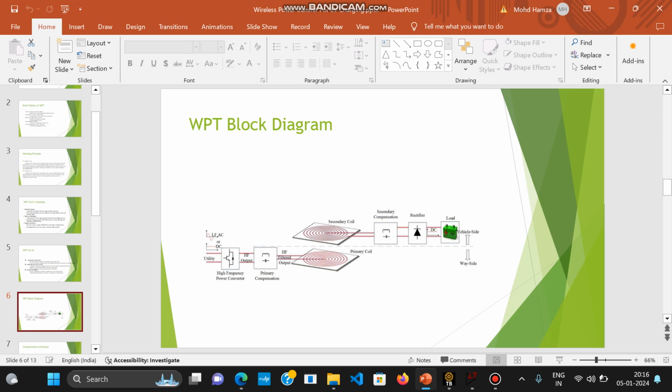Then again, here the current will be in the form of AC. You have to convert it again to DC, because if you feed the car with AC current, there is a high chance that there will be a delay in the charging. Nobody wants to waste their time charging their vehicles.